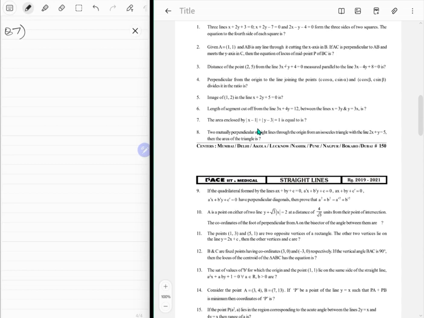When x is bigger than 1, you will have to break it into 4 cases. Think about it. This is 0, 0. 1, 3 is somewhere over here. You break it into 4 different sections, right?